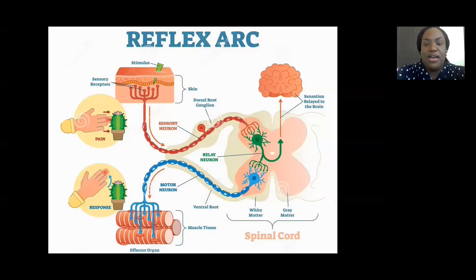Dorsal means back, ventral means front. So this is the forward root. The ventral means the front of the structure, and dorsal means the back. That's all that means. It is not too important for you to know at this point, but what's important for you to know is the sequence, what's happening with the arc.